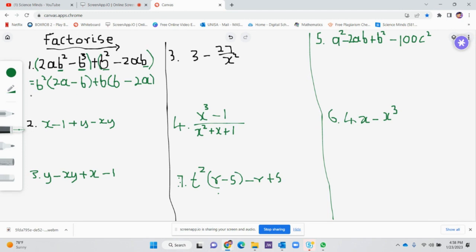All right, let's do that. So the first one there, we have b squared, 2a minus b, minus ab. So we're going to take out a negative as a common factor so that the signs inside the brackets change. So that means this positive here then becomes a negative b.